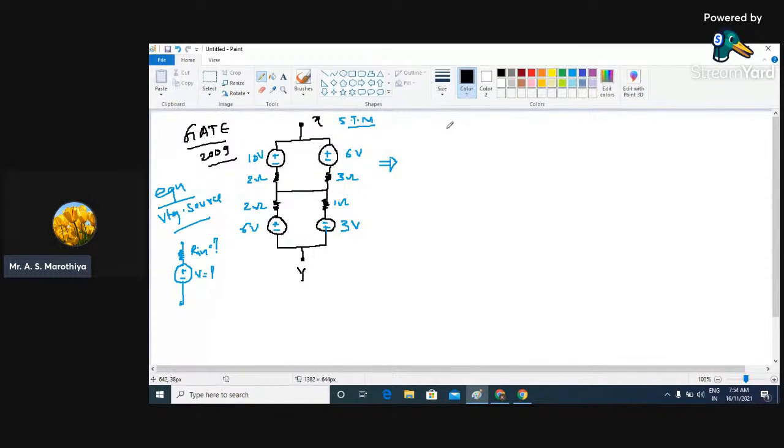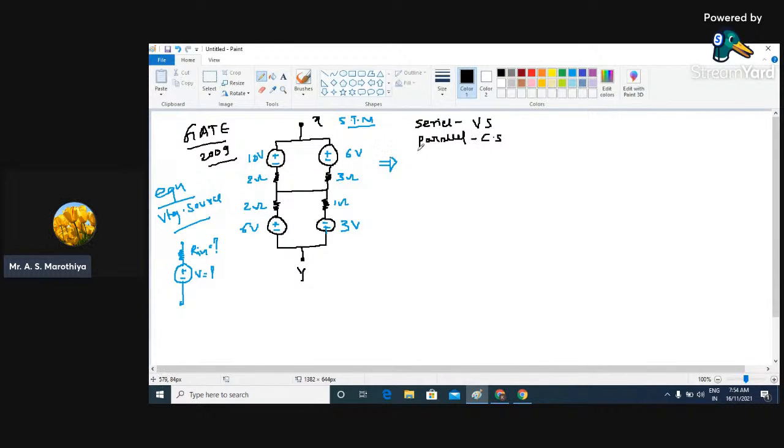That means if you have more than one source in series combination, it is very easy to find their equivalent when all of them are voltage sources, because in series we can easily find their resultant. In the same way, if the sources are connected in parallel configuration, it is very easy to find their equivalent if all are current sources.